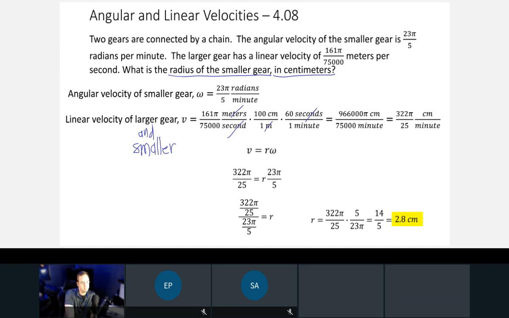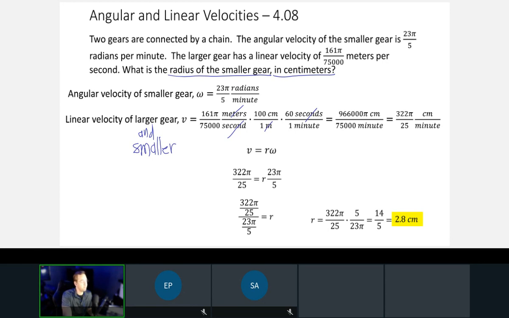Rounding is not needed because it equals 2.8. All right, so 2.8 centimeters.